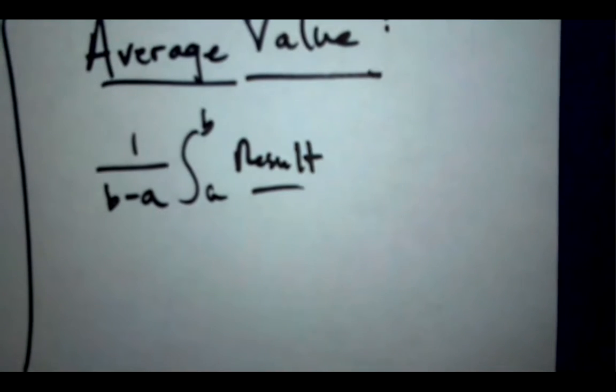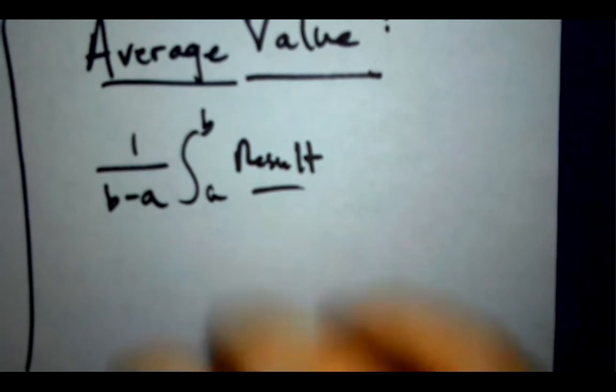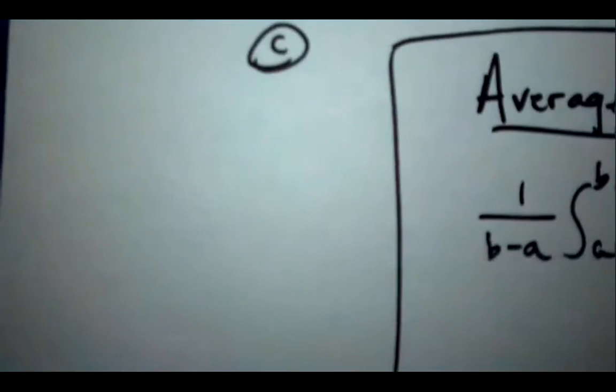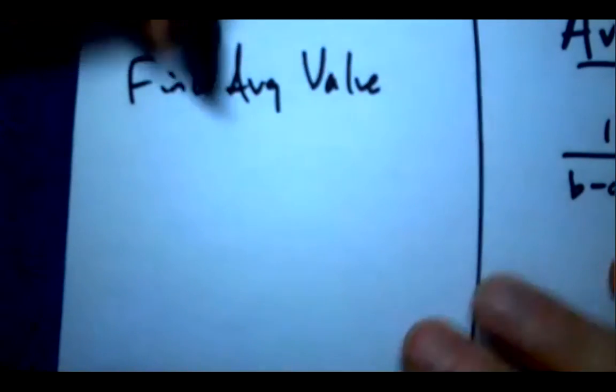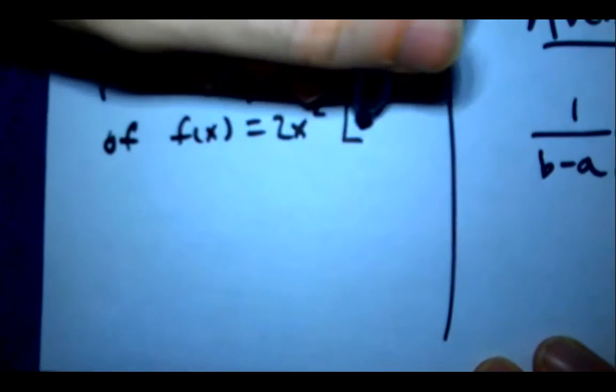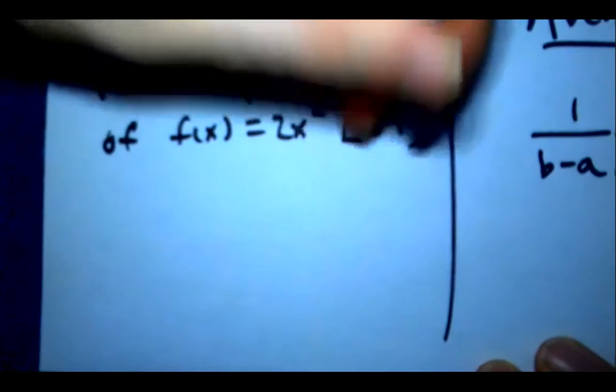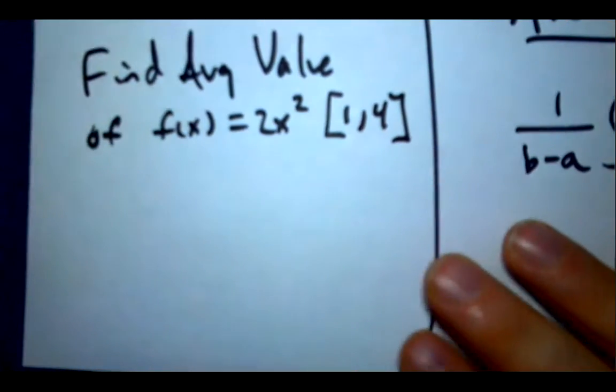is the average value. So if I ask you to find, as a side example, let's do a real easy problem. We'll talk about average value more throughout the week. If I tell you, find the average value of this, that means to do the following.